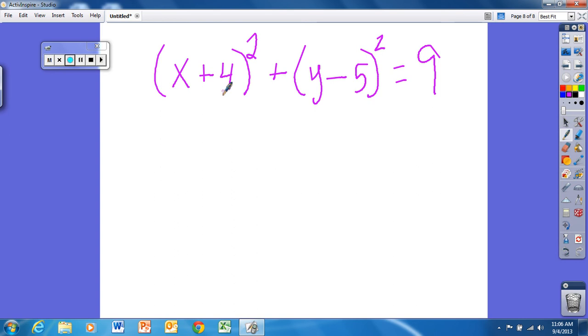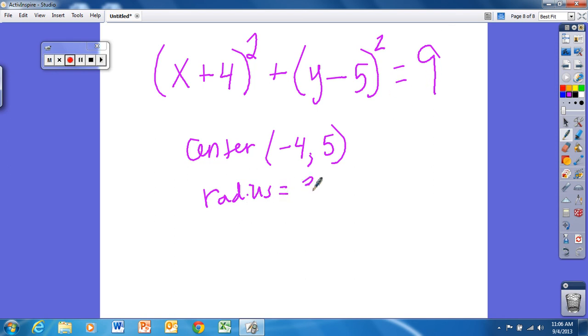The center is the opposite of this and the opposite of this. So the center is (-4, 5), and the radius is the square root of this number, because remember in the formula it's r squared, so the radius would be 3.